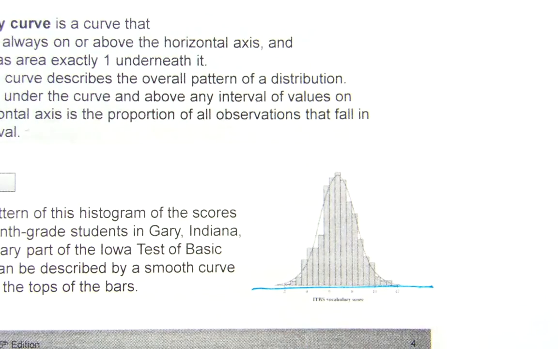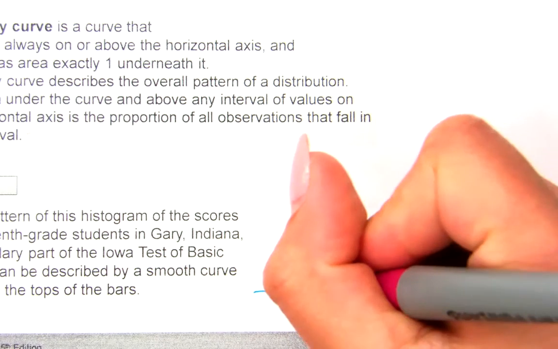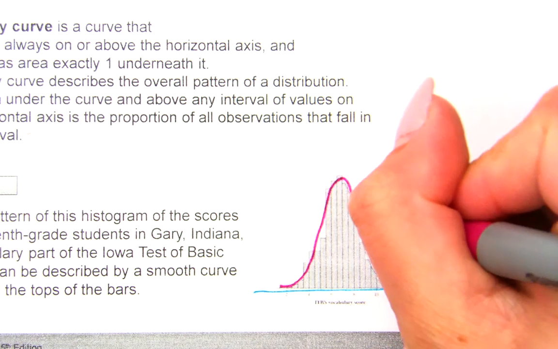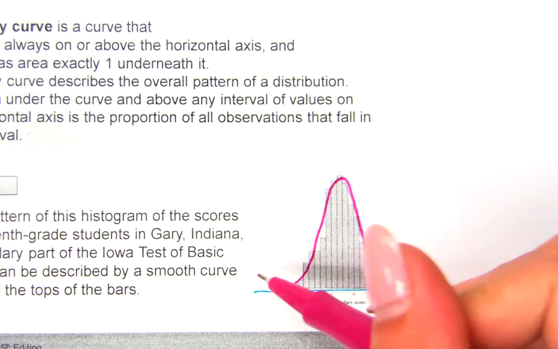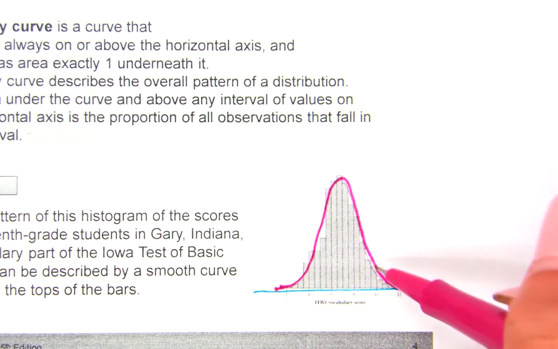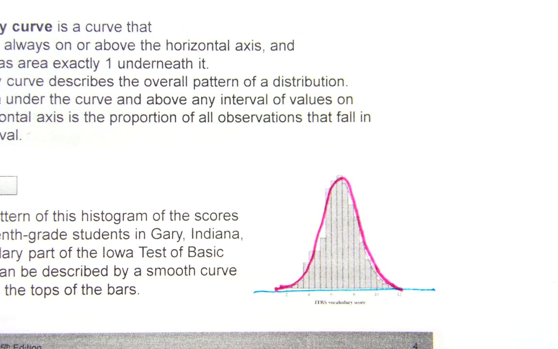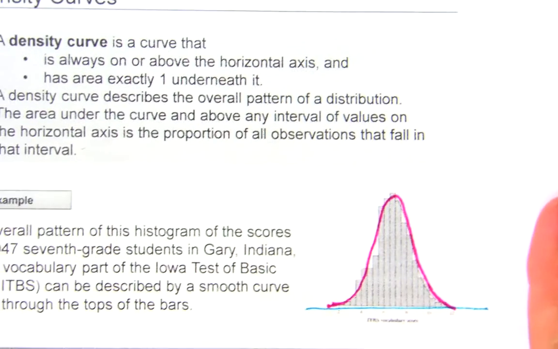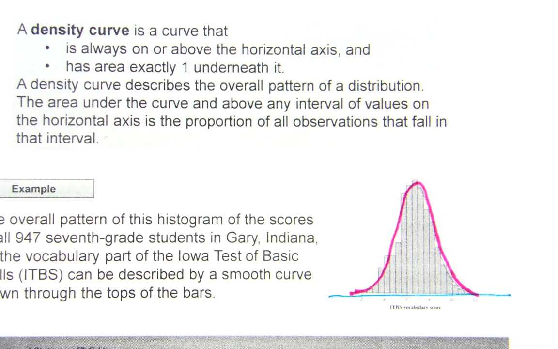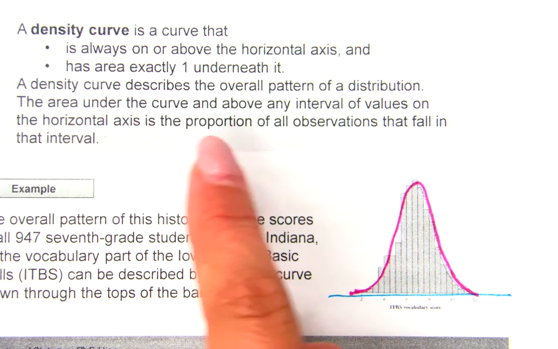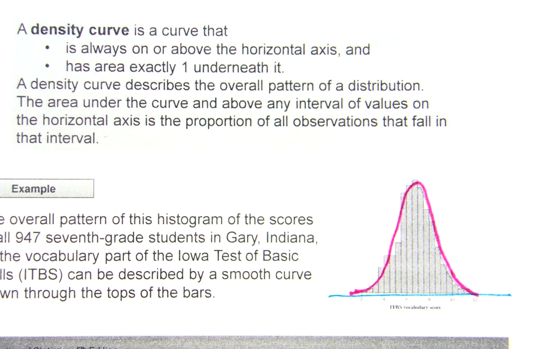So this is my curve. I'm going to darken it in a little bit. The data is so nice that we can actually use a curve to describe the overall pattern of it. A density curve describes the overall pattern of the distribution. The area under the curve and above any interval of values on the horizontal axis is the proportion of all observations that fall in that interval.